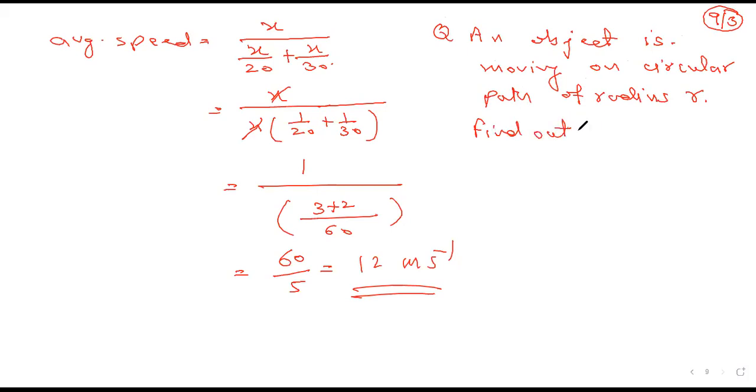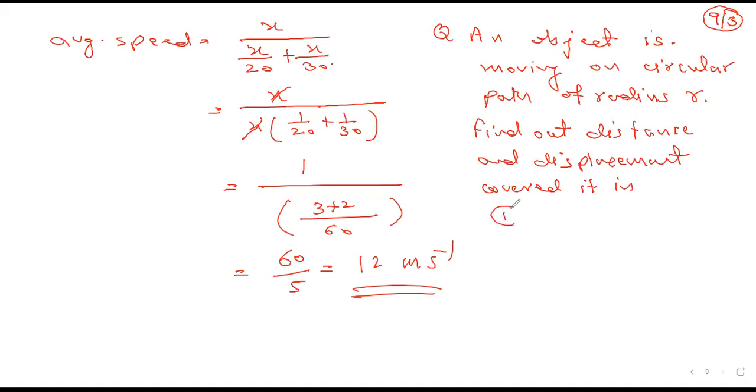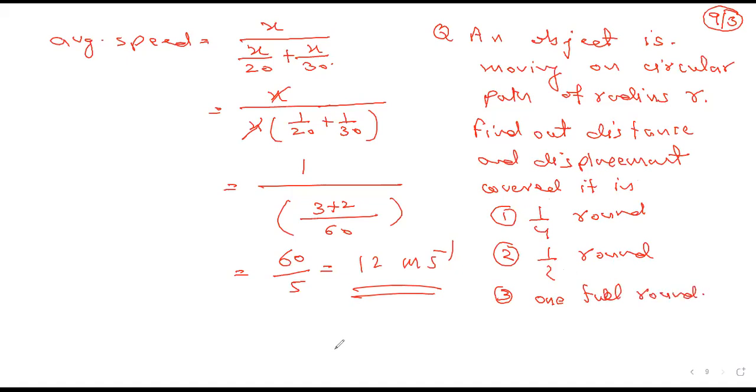Find out the distance and displacement covered by it in number 1, 1 by 4 round, number 2, 1 upon 2 round, number 3, 1 full round. Try to get it.